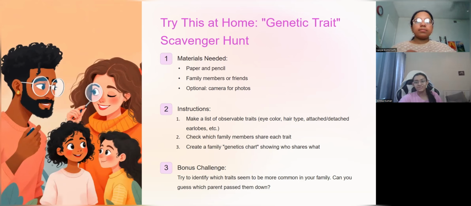Yep, so you can go ask your grandparents, did you remember if your eye color was from your dad? Or did you remember any of your guests comparing you to your dad or your mom? And you can get to know about their backstory too, which will be a really nice family bonding moment. So definitely try this challenge.